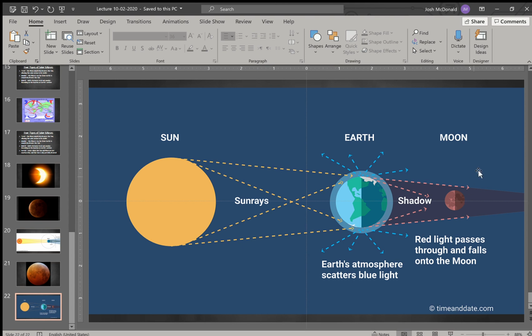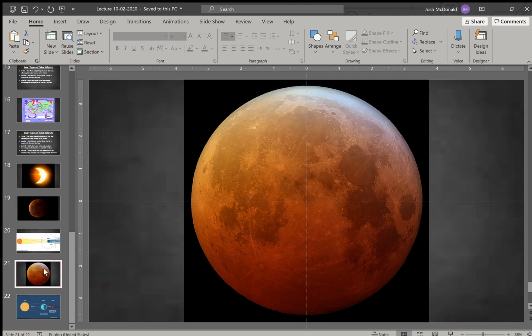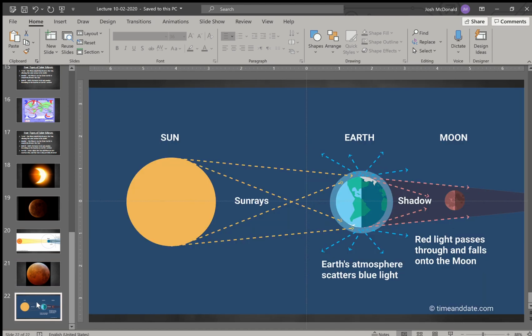So during a lunar eclipse, red light is actually passing through Earth's atmosphere, and then that light falls onto the moon, and it gives it this red hue, this red tint that we see during what they call a blood moon.